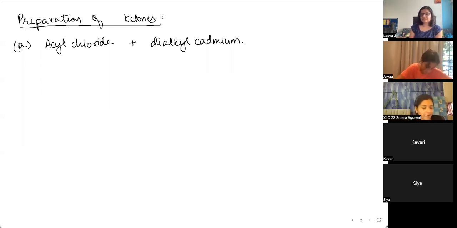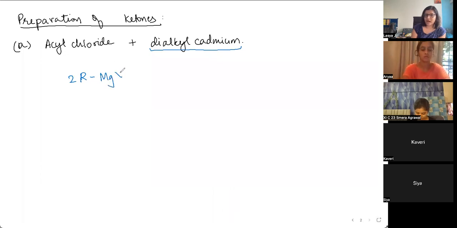So it's a set of 2 reactions. Again, organometallic compounds are usually unstable. So first step, you need to prepare Grignard reagent. Using Grignard reagent, you prepare this particular reagent first. You use 2 moles of Grignard reagent.